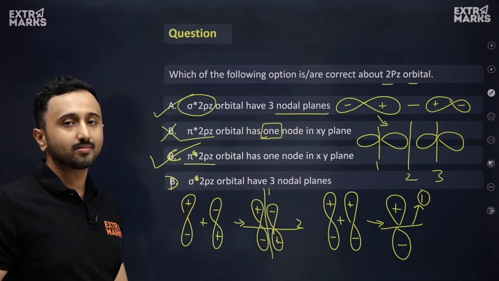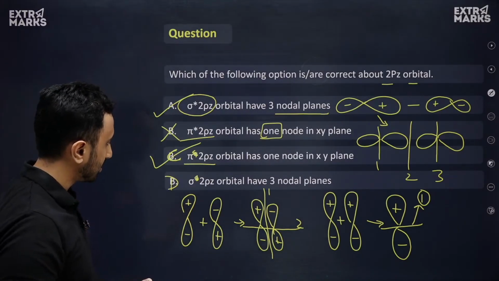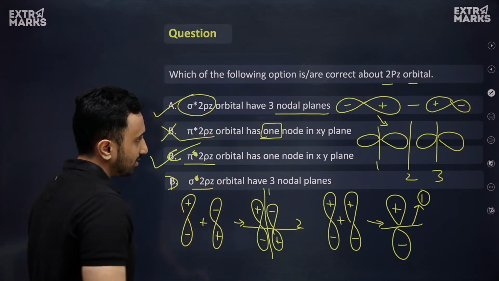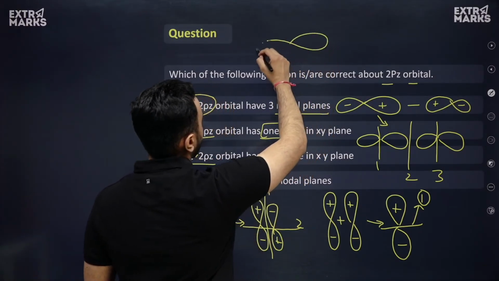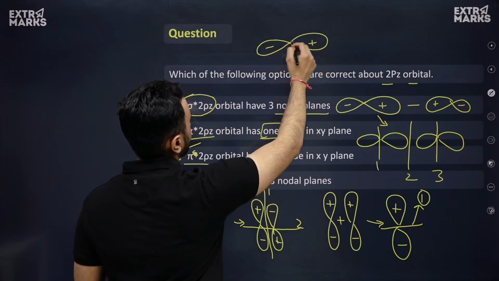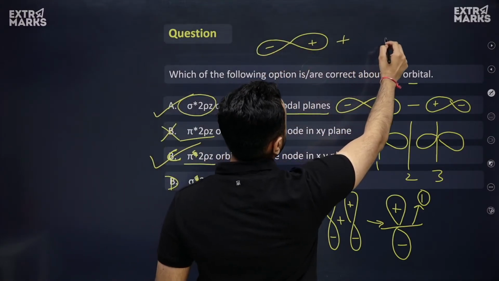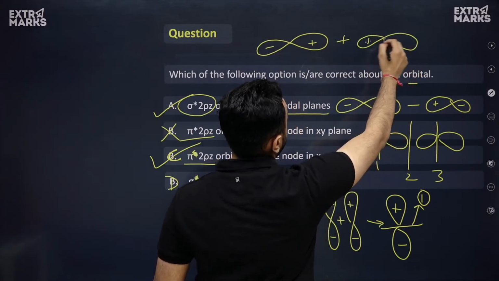The option D is saying about sigma 2pz. Let's see, sigma 2pz. Let's draw it like this. Here we have plus, minus, and you can combine it like this, plus and minus.